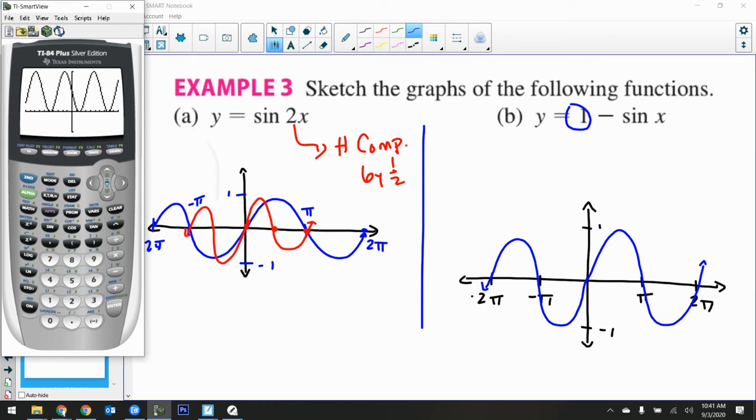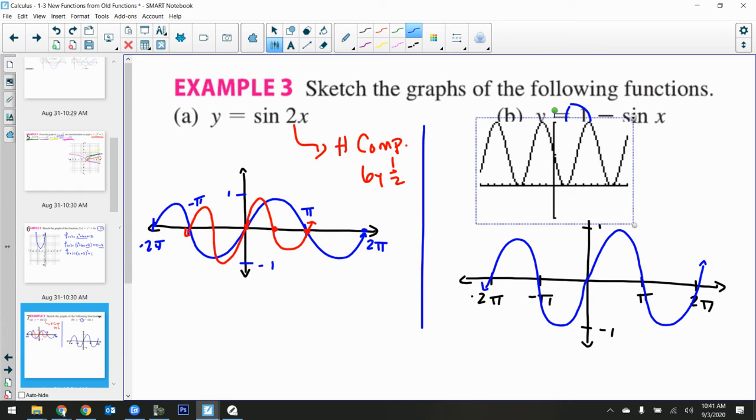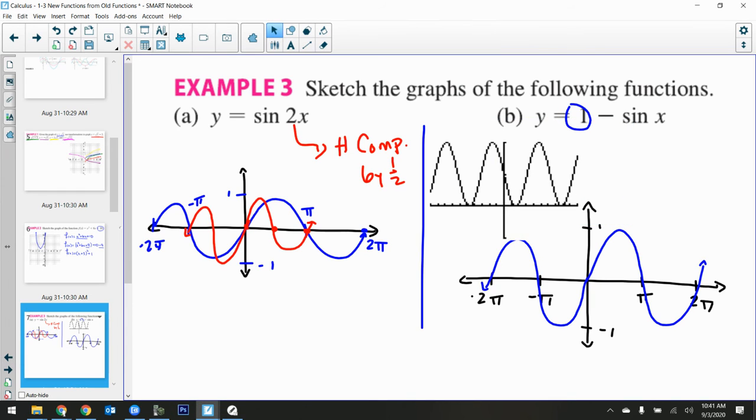Do you see how it shifted up 1 here? I'm just going to use this graph. Do you see how it shifted up 1? Yeah? Now, take a look here. If I had just shifted up 1, then I would start by going, right? So this is shifting up 1 and then reflecting. Now, actually I did the reflection first, didn't I?